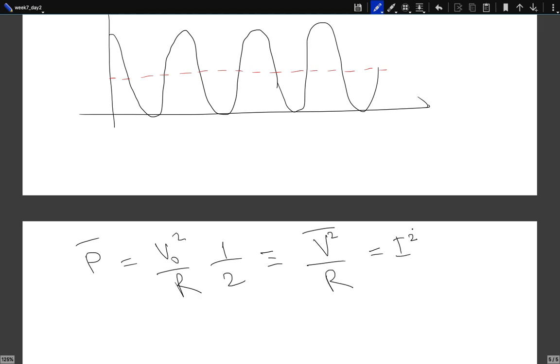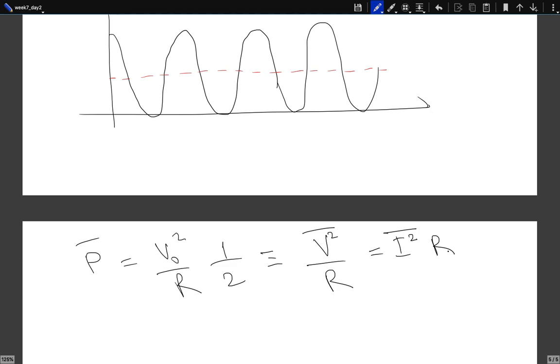By the way, this is the same thing as the average of V squared divided by R, or the average of I squared multiplied by R.